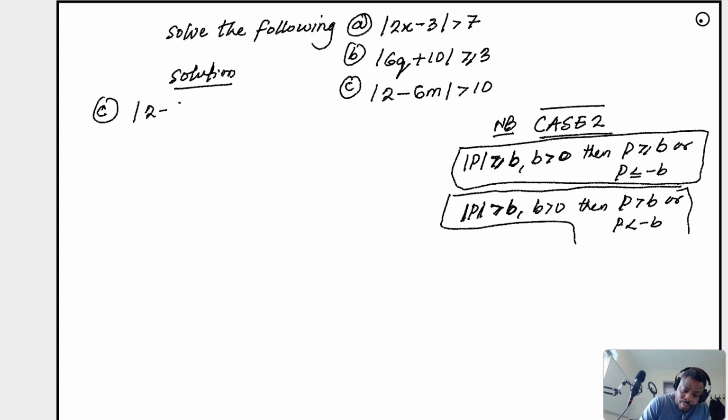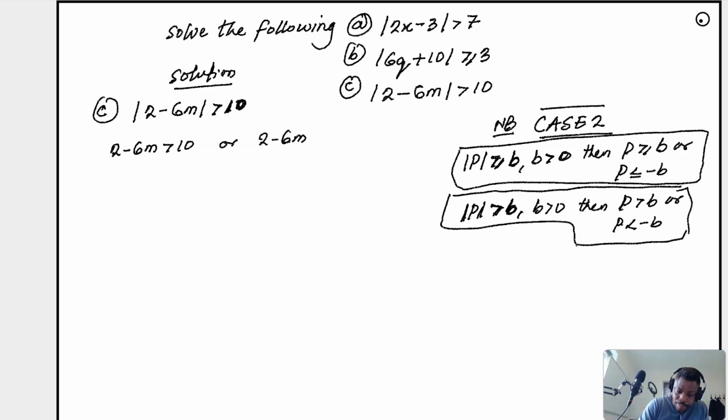Now, question C. Modulus of 2 minus 6m greater than 10. Greater than is this one here, and my b is 10. For me to use this formula, b must be greater than 0. Our b is 10, and 10 is greater than 0, so we can use this formula here. So that is 2 minus 6m greater than 10, or 2 minus 6m less than minus 10.